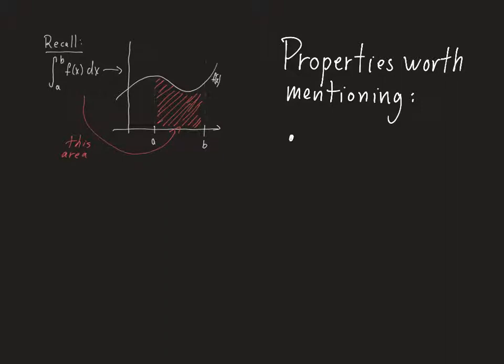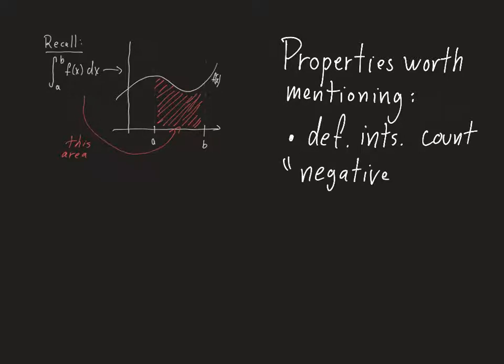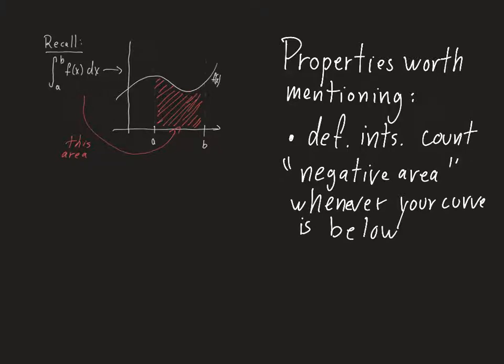And the first of these is that definite integrals count what I'm going to call negative area whenever your curve is below the horizontal axis.